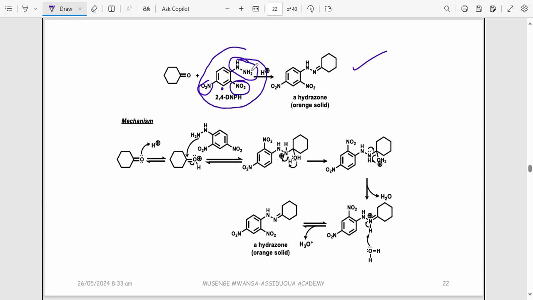From the nitrogen, you basically remove the hydrogen, and then you attach this carbonyl group and you remove the oxygen. Okay, so that is what happens.